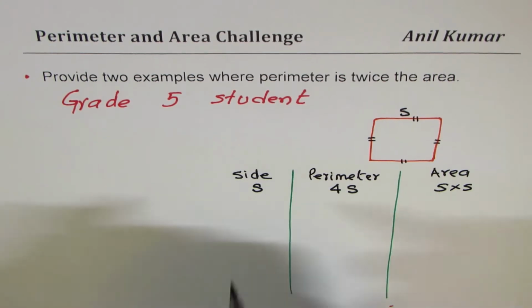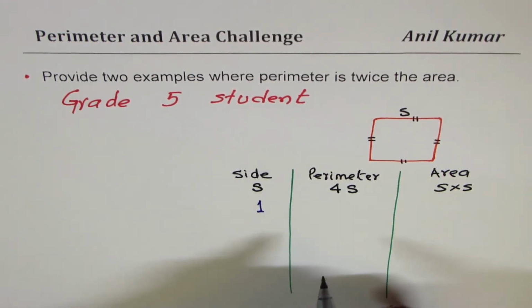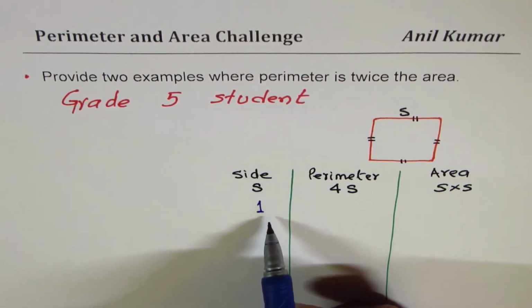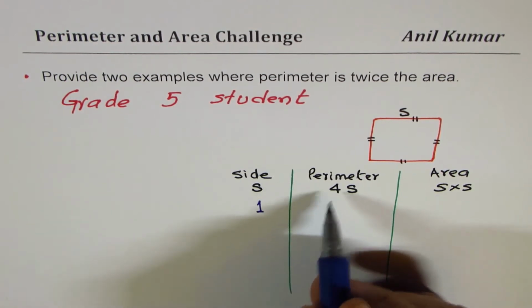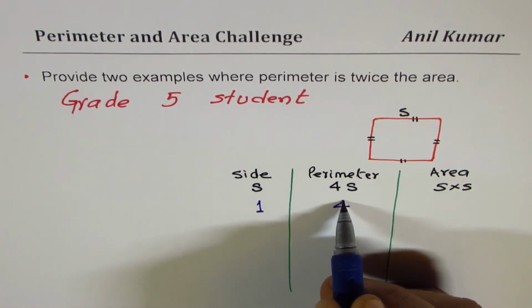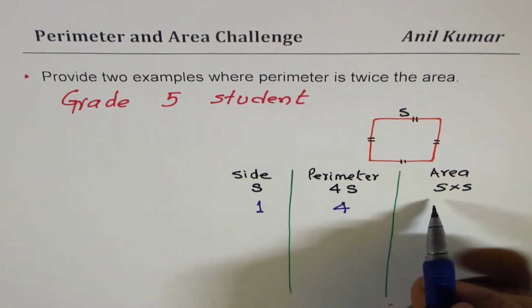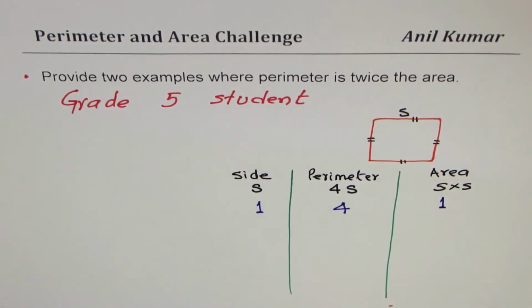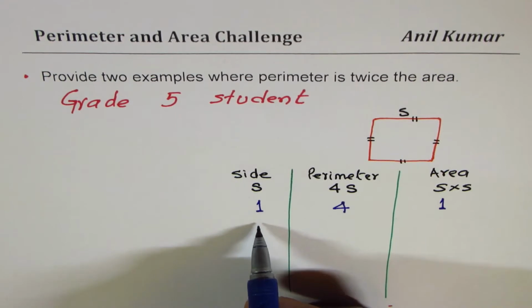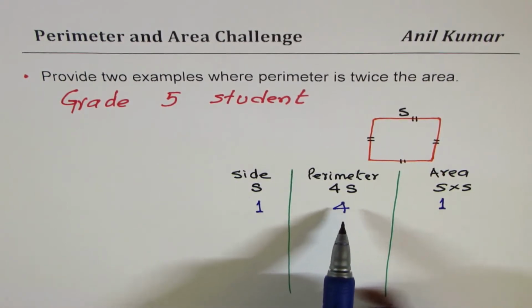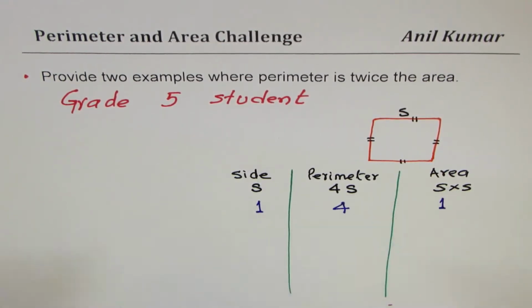So if I take side length as 1, maybe centimeter, meter, whatever, so 1 unit we'll call, 4 times 1 is 4, and 1 times 1 is 1.